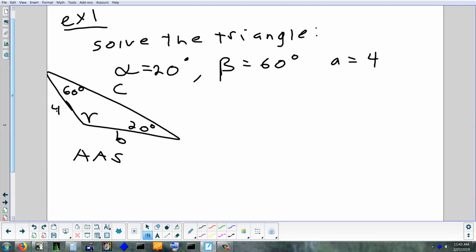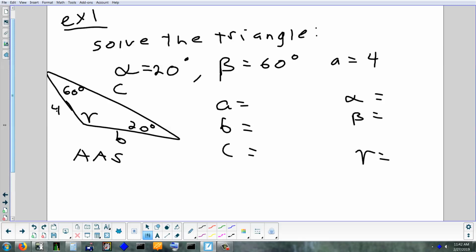All right, so now I usually set up a table. So let's put ABC in one column, alpha, beta, gamma in the other.